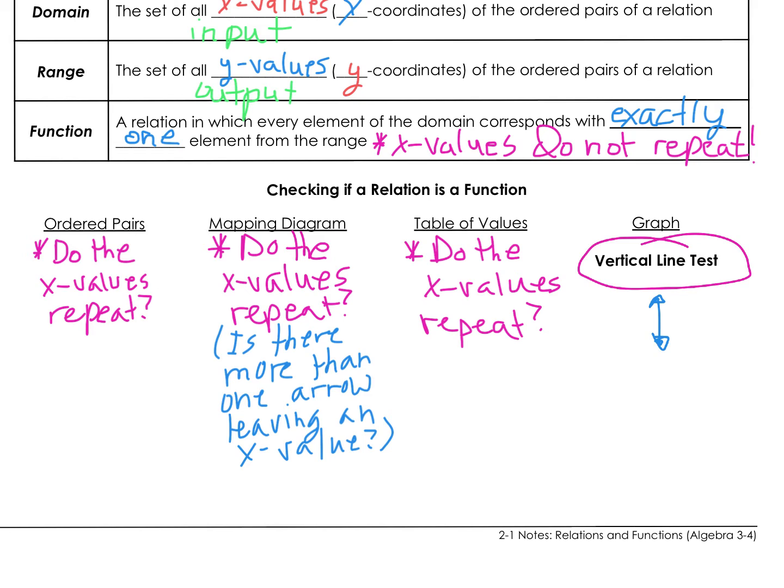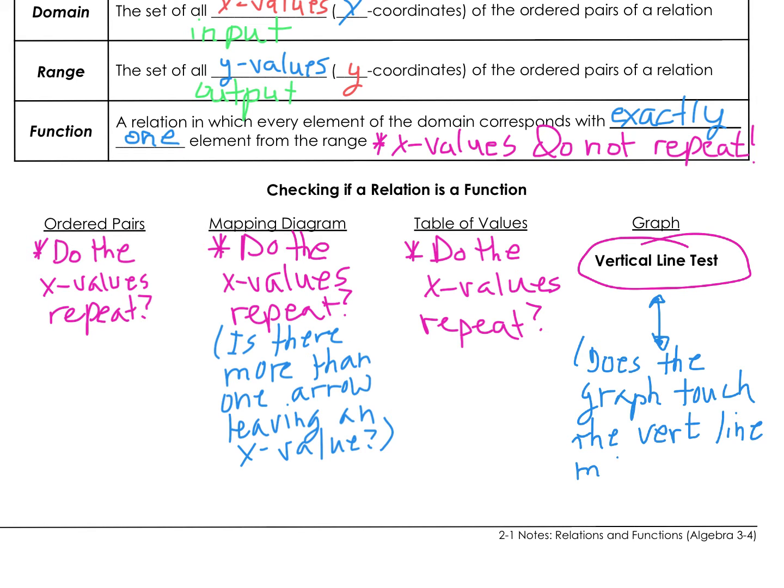So that's the question you're asking yourself. Does the graph touch the vertical line, I'm going to abbreviate it as vert line, more than once.